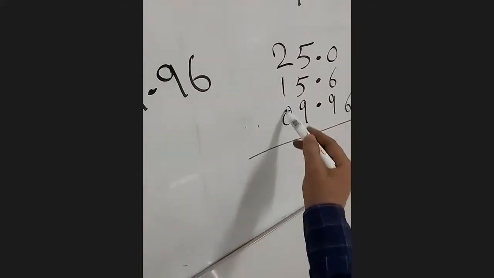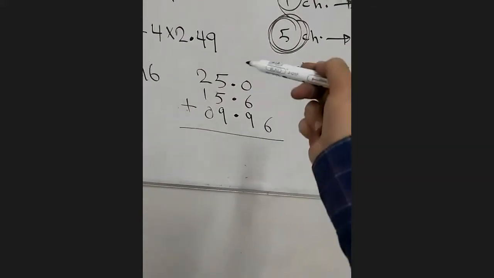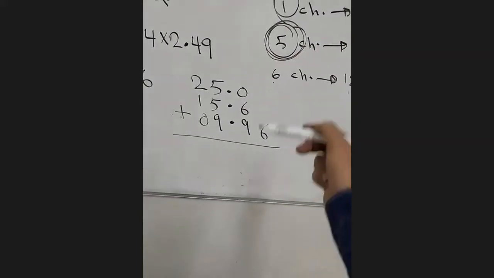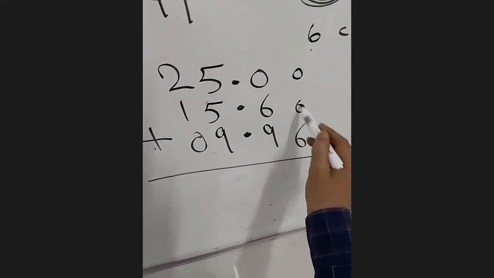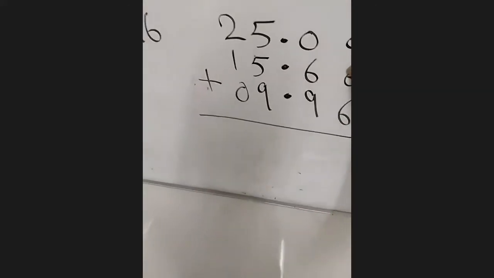Look, guys, decimal over decimal over decimal, ones, tens, tenths, hundreds. Here we have empty places, we add zeros. Then we add.